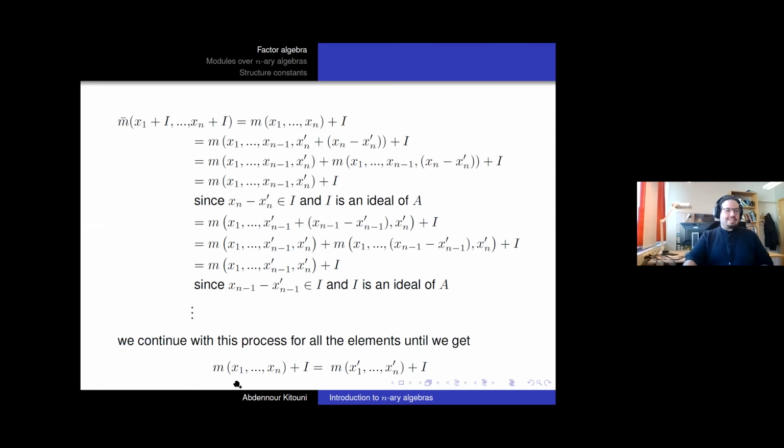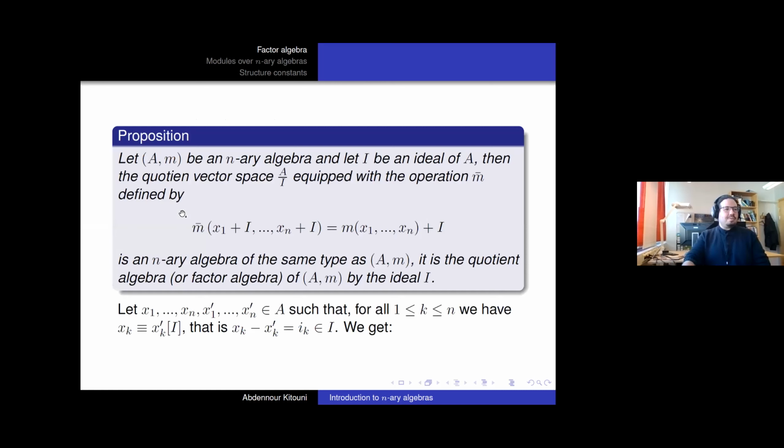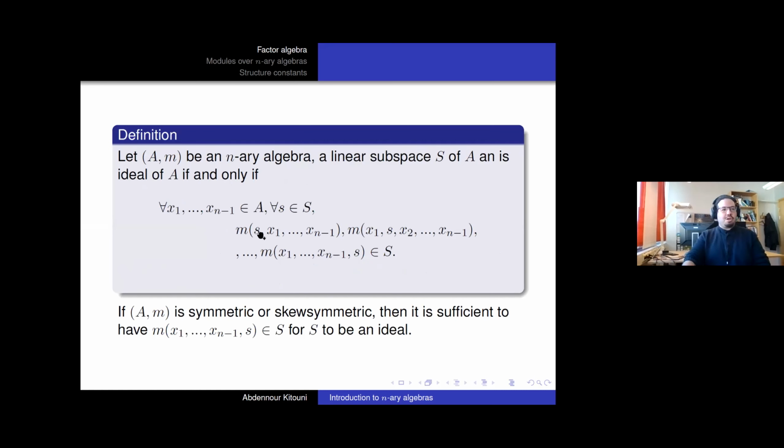So we get this, that M of x1 to xn plus I does not depend on the choice of representatives in the equivalence classes we have. So at each one of these steps, we use one of these. So that's why it's important to have them all.